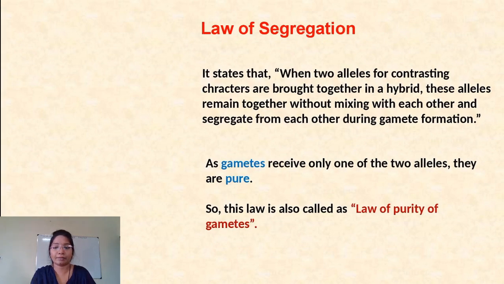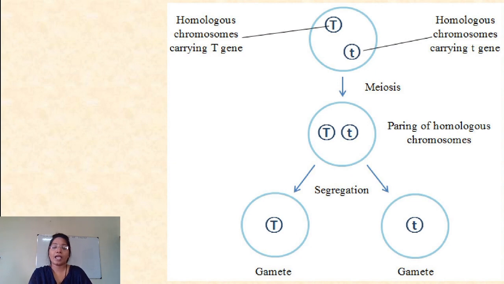Let us study by example. In this example, there are two alleles, capital T and small t. These two alleles remain together without mixing with each other.